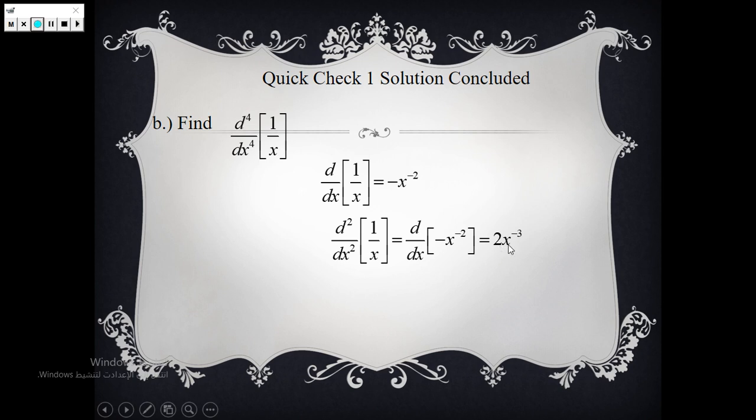So it will be 2x power negative 3. Okay. The third derivative for the previous function 2x power negative 3: 2 times negative 3 equals negative 6, x power negative 3 minus 1, it will be negative 4. Okay. Finally, the fourth derivative.